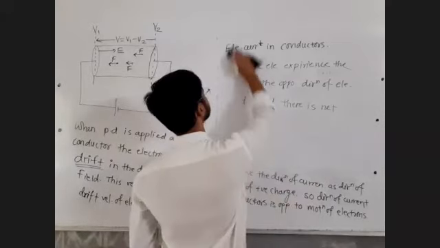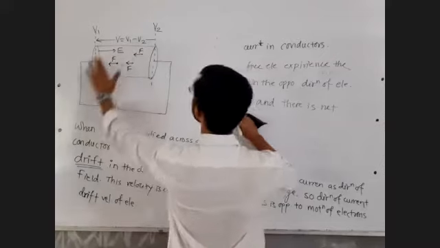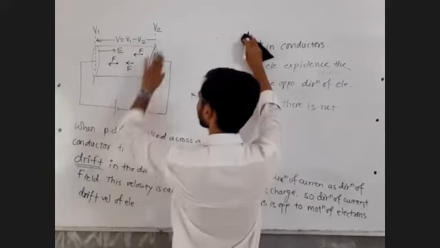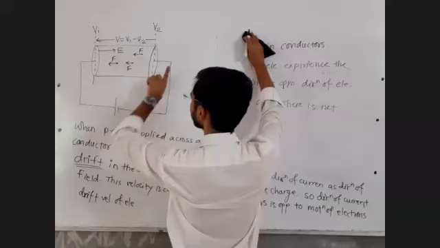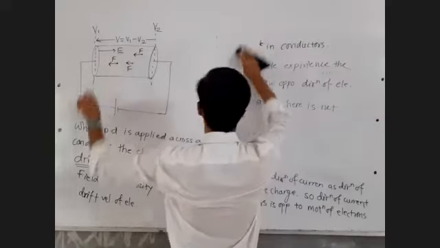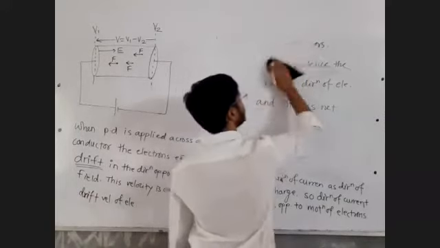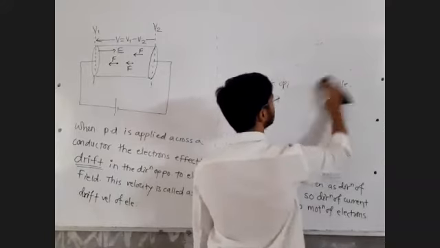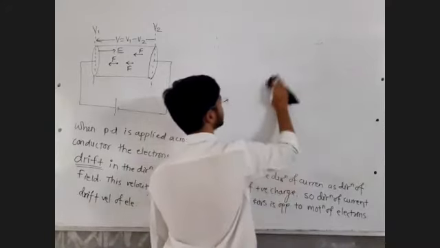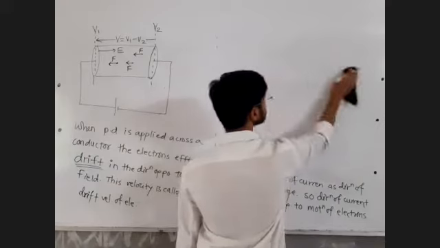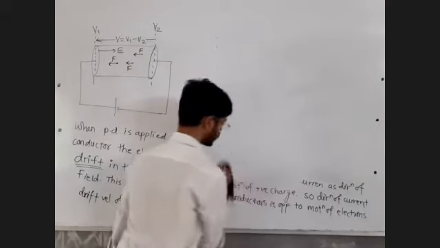But remember that in this conductor, though effectively electrons are moving in the leftward direction, they are colliding with other electrons and with the atoms which are present there. So there is a lot of resistance to the motion of these electrons.